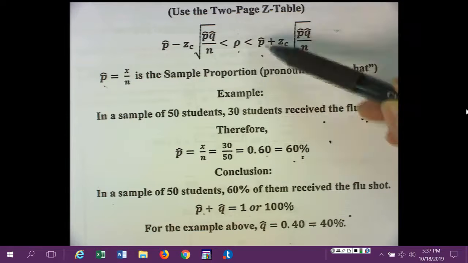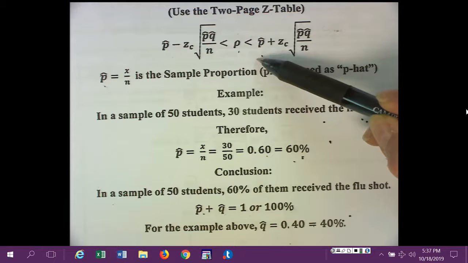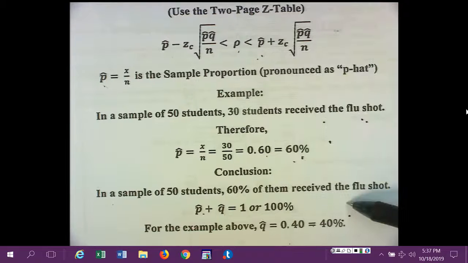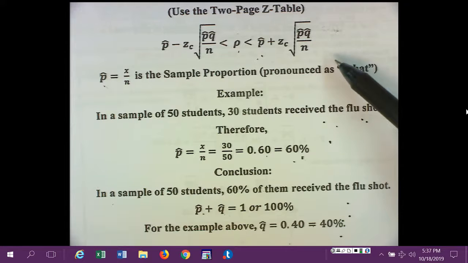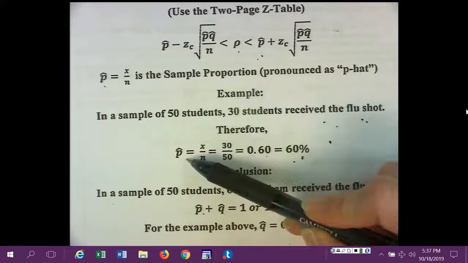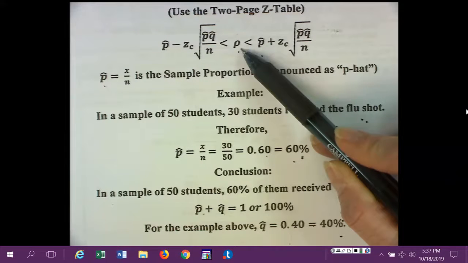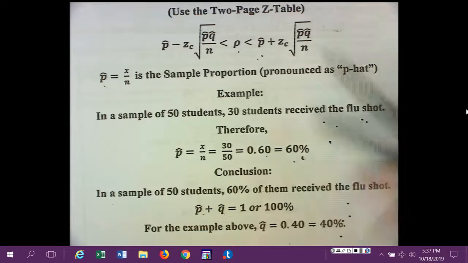This confidence interval is not about those that did not have the flu shot, which would be our undesired characteristic. So this confidence interval is all about those that receive the flu shot in terms of P hat, which is the best point estimate for true population proportion rho or P, and that's 60% for this sample.